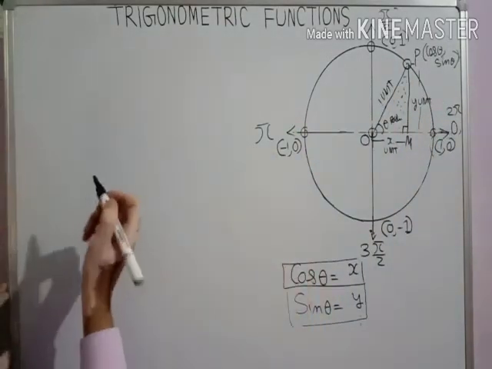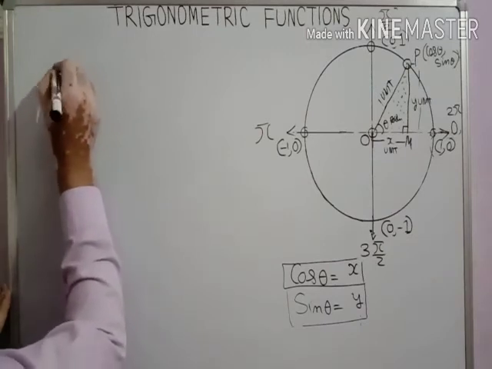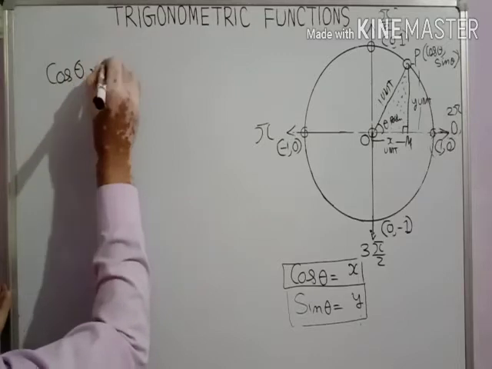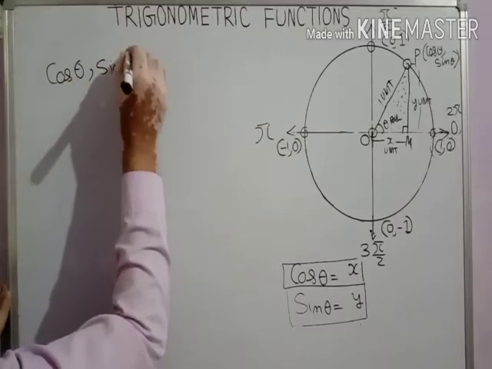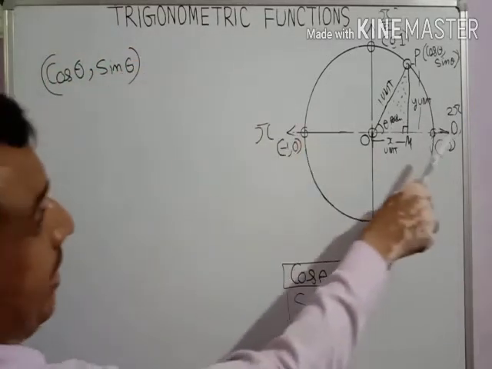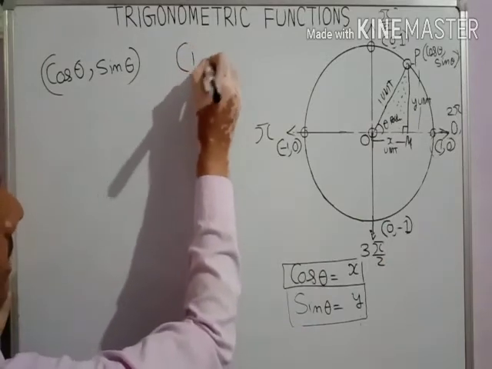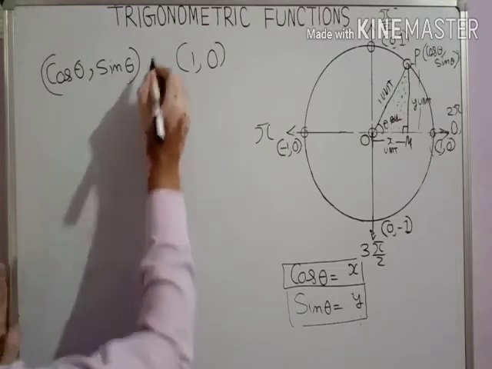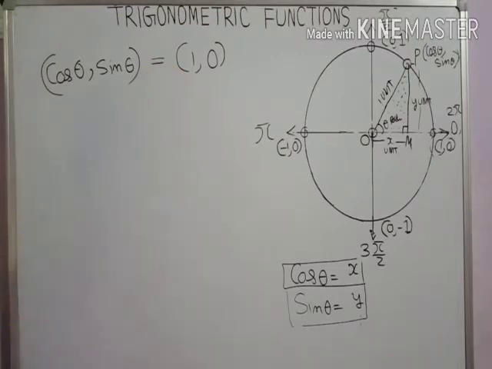What situation is there then? This is cos theta comma sin theta, and this point, both will coincide. And you know in mathematics when two ordered pairs coincide, both are equal.